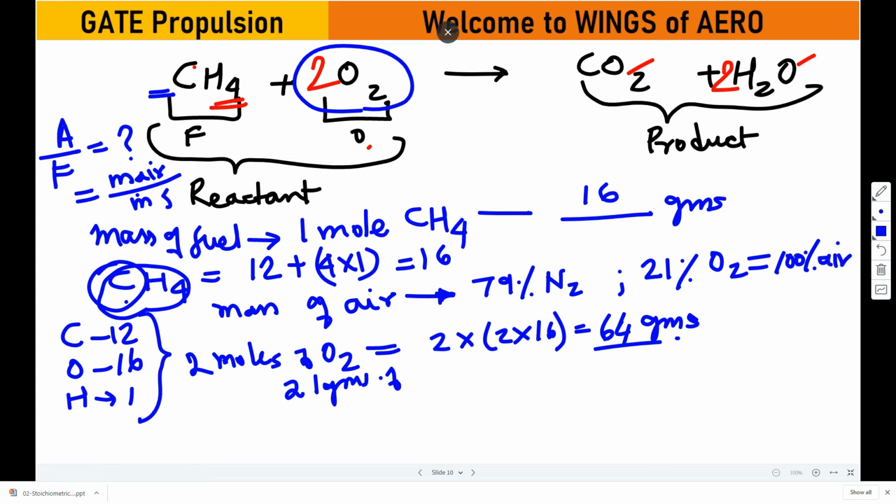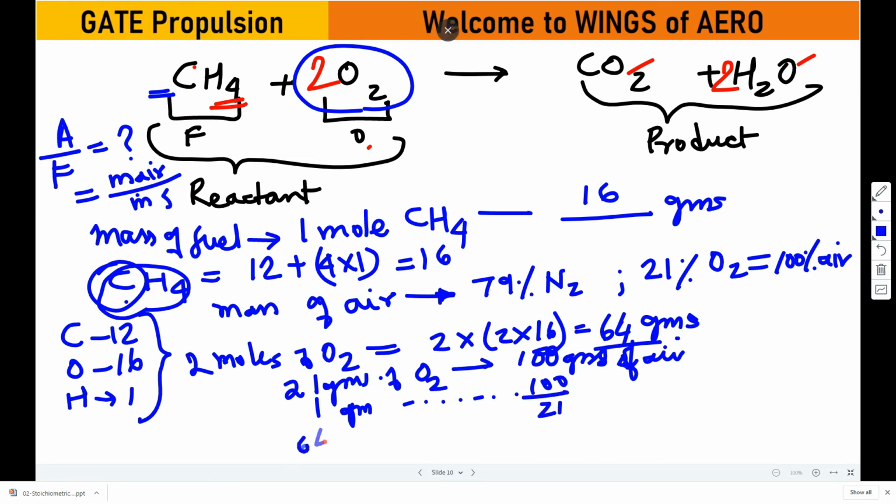So if 21 grams of oxygen is in 100 grams of air, then 1 gram of oxygen will give 100 by 21.